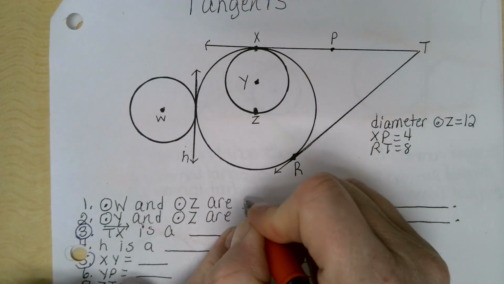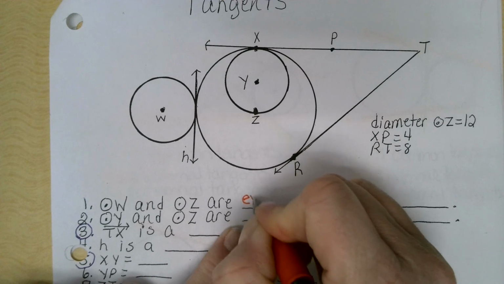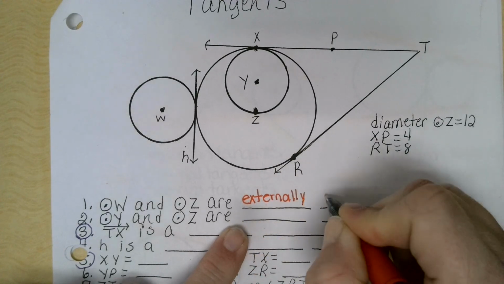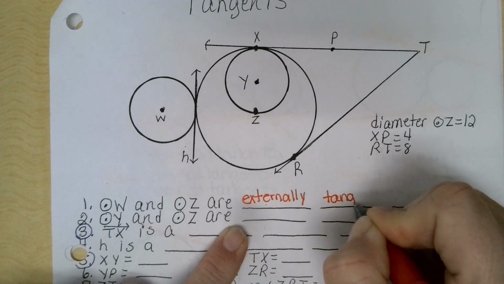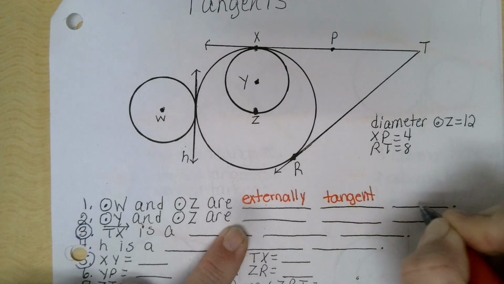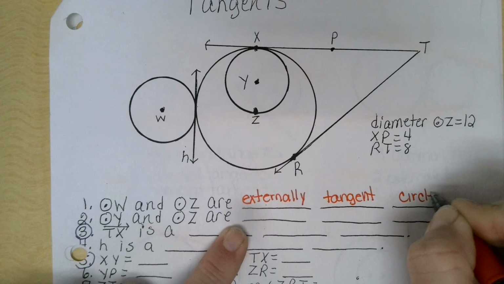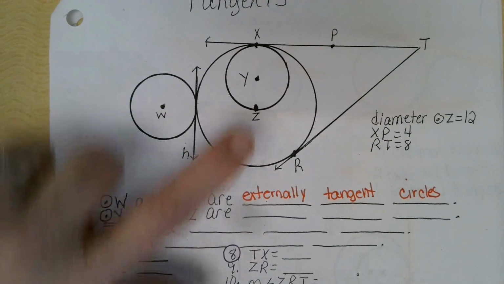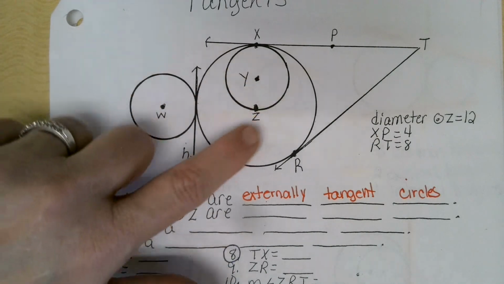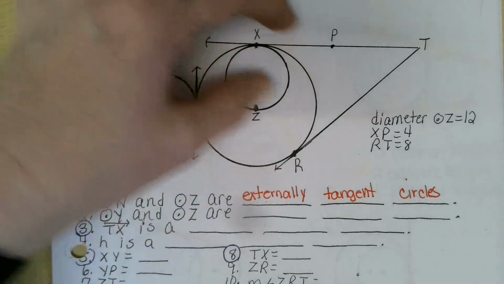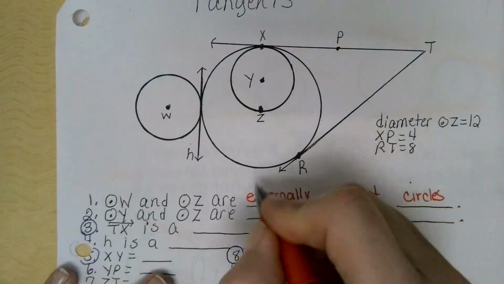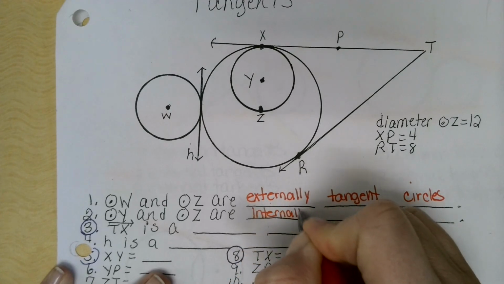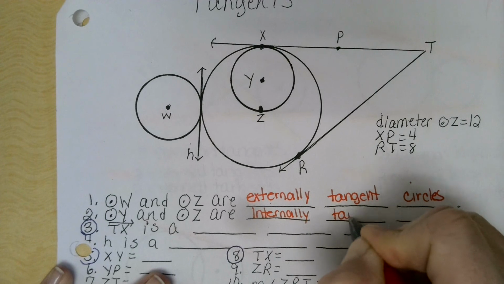So they are externally tangent circles. Okay. Circle Y and circle Z, these 2 circles here. The circle Y is on the inside of circle Z, so they are internally tangent circles.